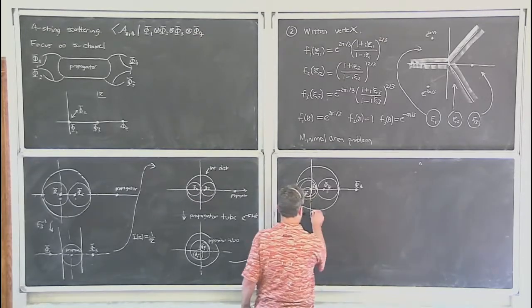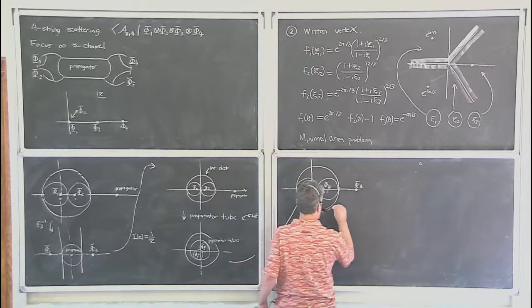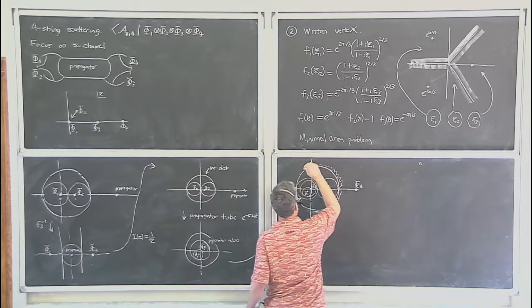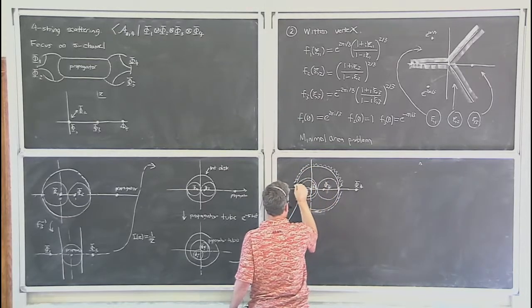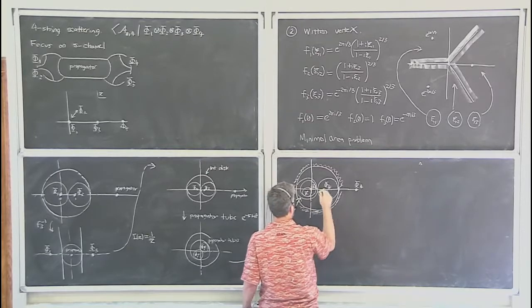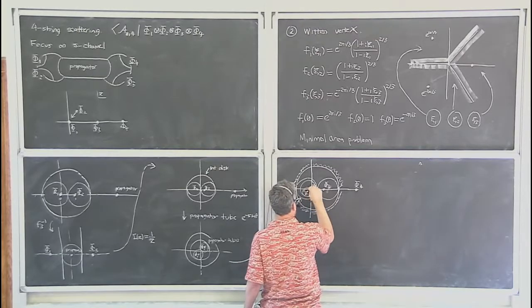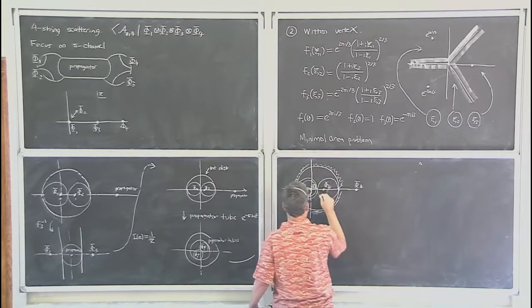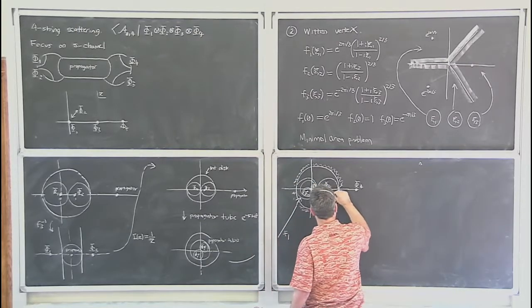So now I'm outlining in purple the regions of this plane which actually represent local coordinate patches of states.